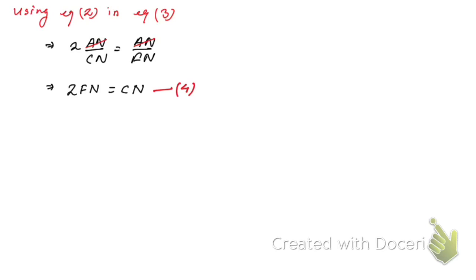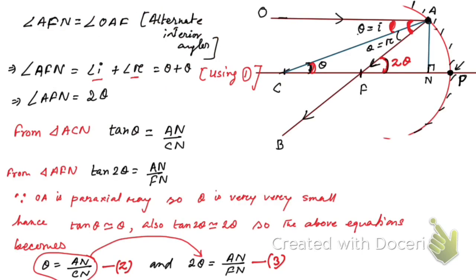Now what we can do next, since theta is very small, let me draw the diagram here again. So this is the diagram.